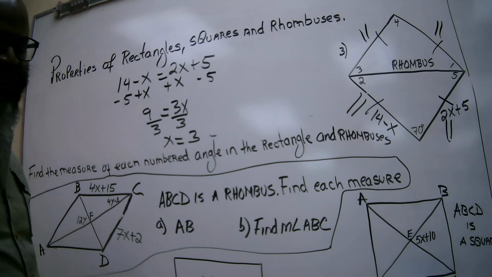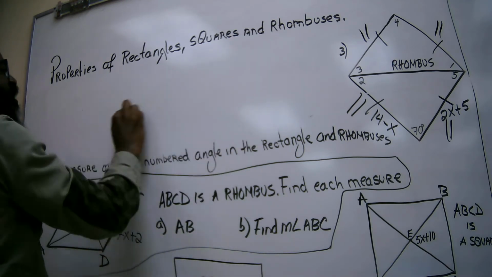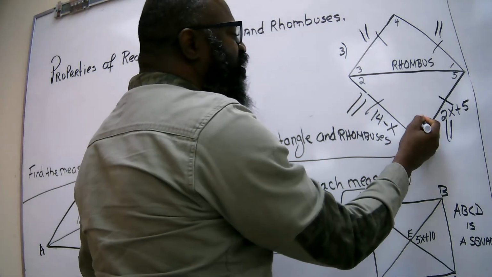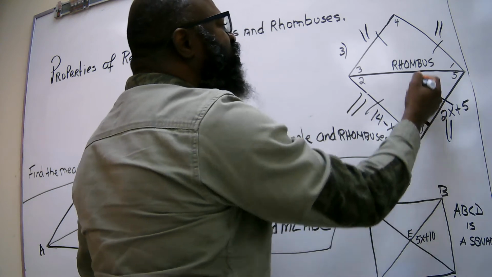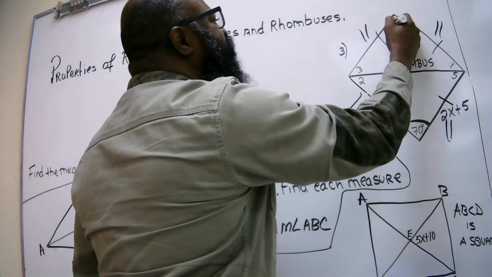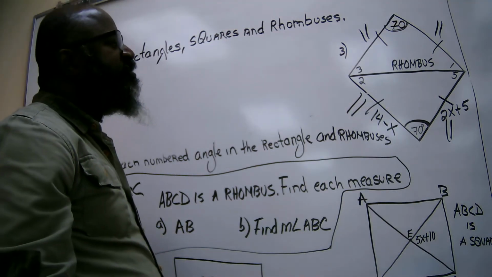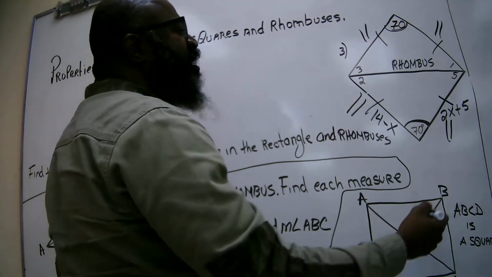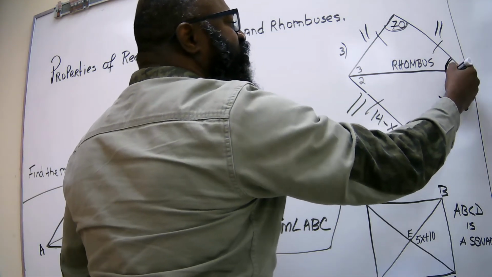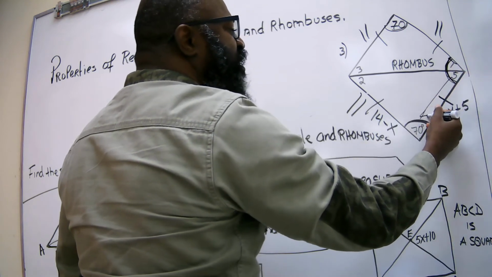Now, let's find the angle. In order to find the angle, this angle is given to you. This angle is opposite to angle 4, therefore this is 70 degrees. Since this is 70 degrees, angle 1 and angle 5, the entire angle, will add up to 180.